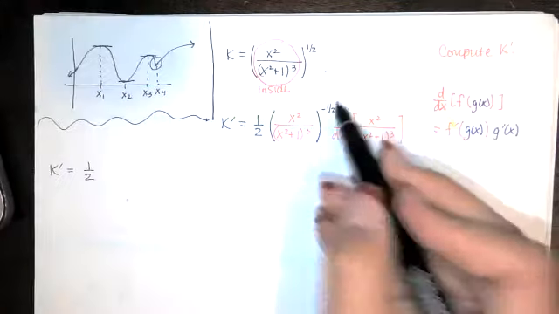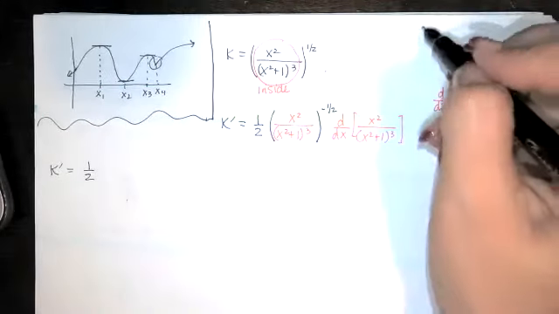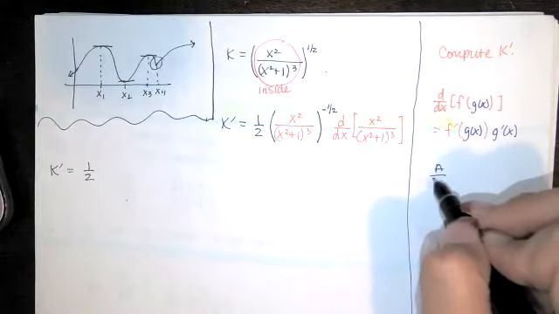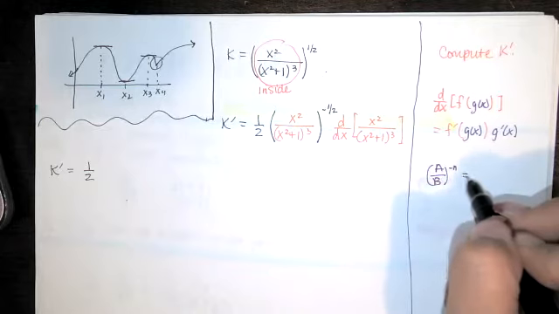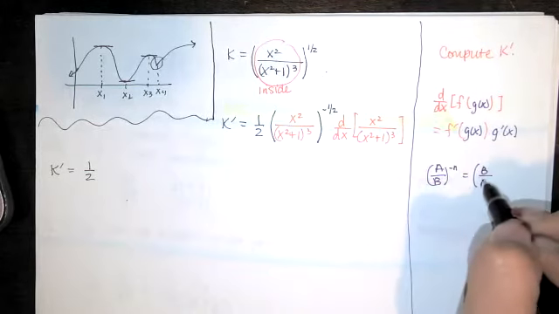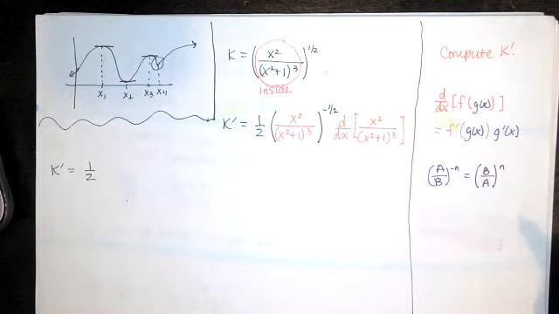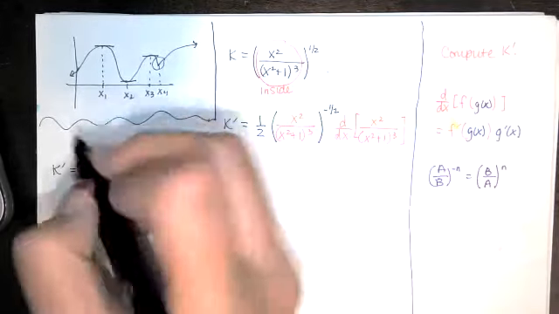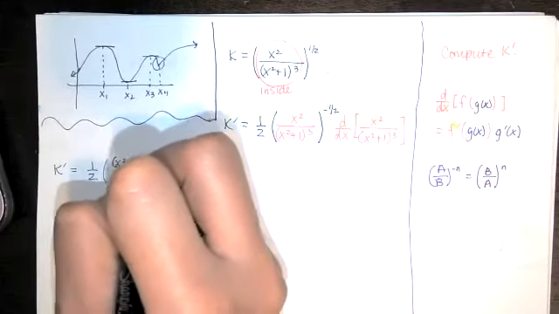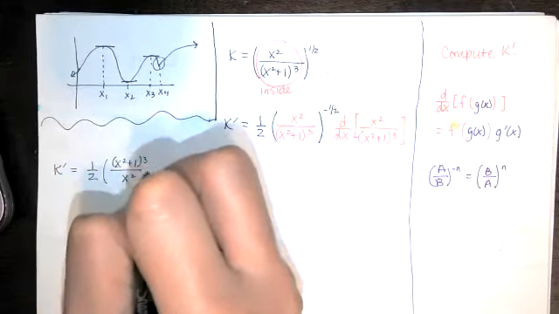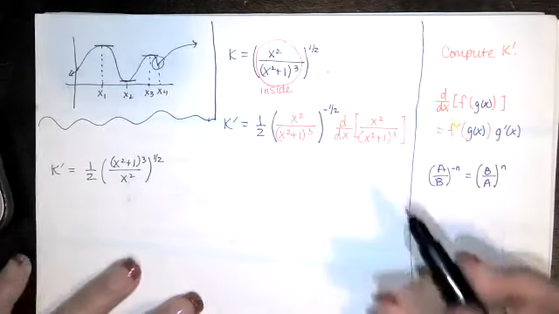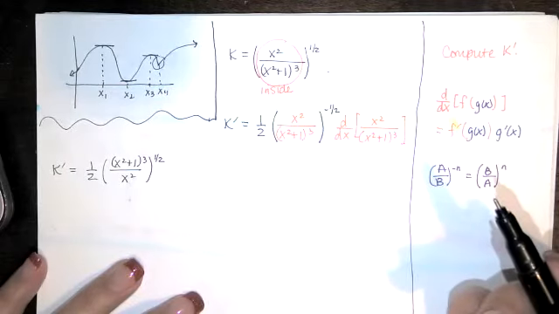Now, if I have a fraction raised to a negative power, I can simplify that. I might want to write it with a positive exponent. So we'll just flip that fraction and make the exponent positive. So I can write this as (x squared plus 1) quantity cubed over x squared raised to the positive 1/2 power. Okay. And this derivative requires the quotient rule.